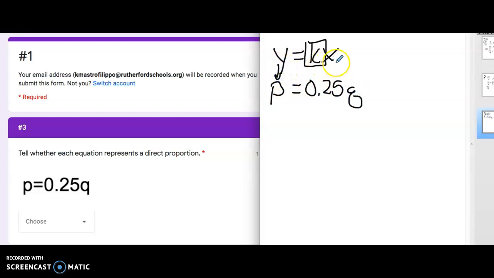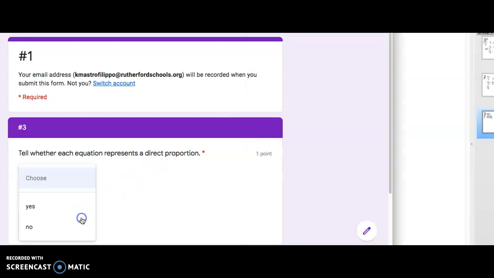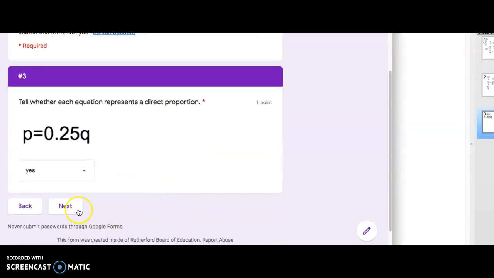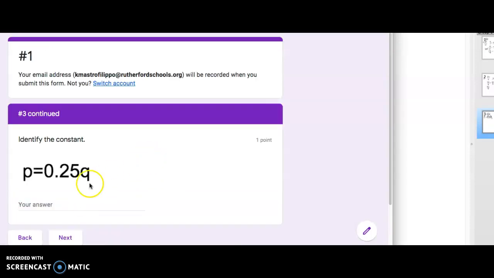We have our y, we have our x, and we have our constant being a number. So yes, this is a direct proportion equation. Of course, if I have a direct proportion equation, I can identify a constant. My constant here is 0.25. That's it. It's already in the form for me, nice and easy.